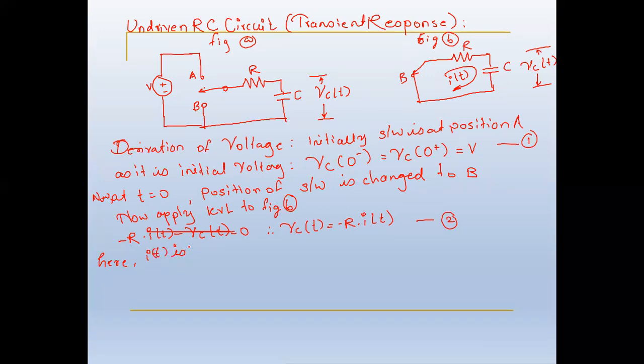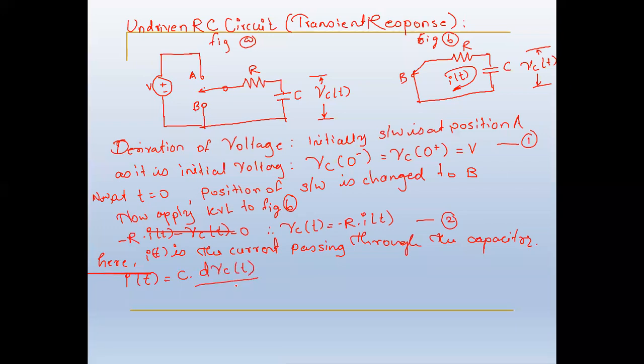Now here I of t is the current passing through the capacitor, and this can be written as I of t is equal to C into dVc of t by dt.